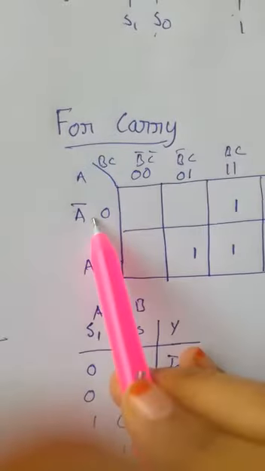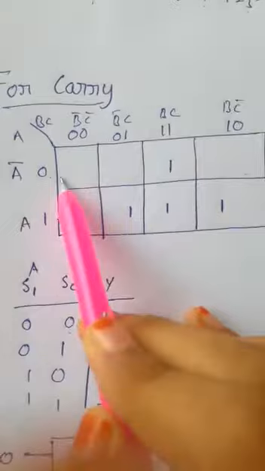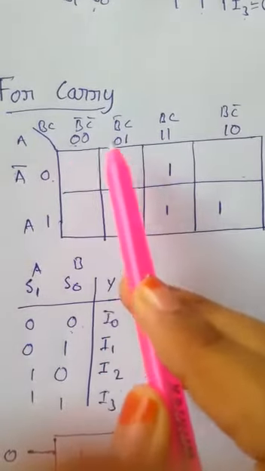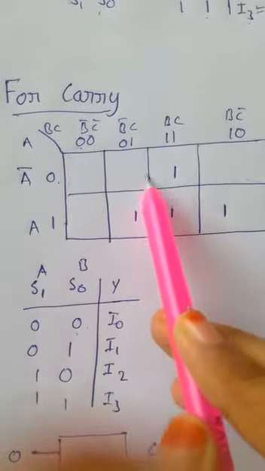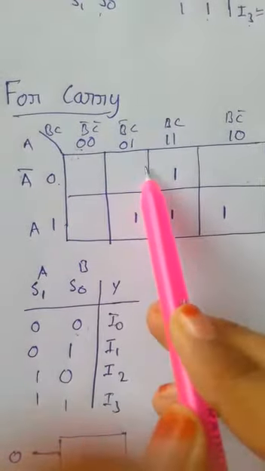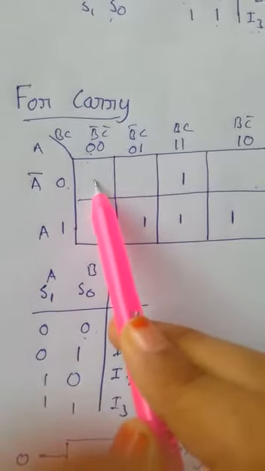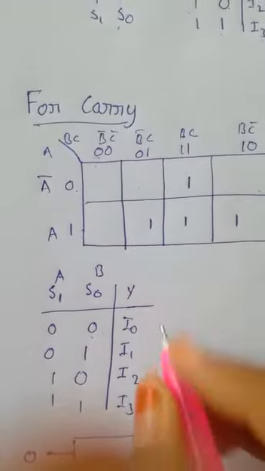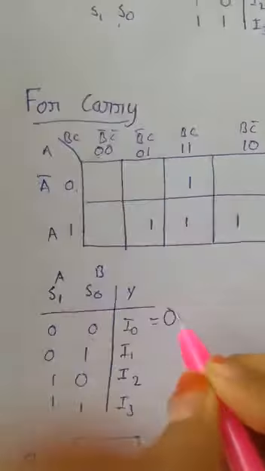That is, we have taken A constant 0, that is this whole box, and B as 0 means B as 0 here and B as 0 here, means now we are going to select only these two. In these boxes we are having nothing to pair, so we'll keep the output as 0, that is I0 is 0.